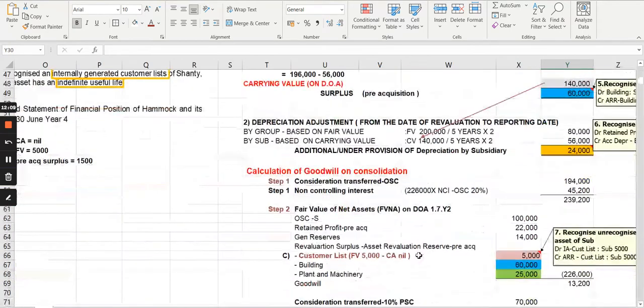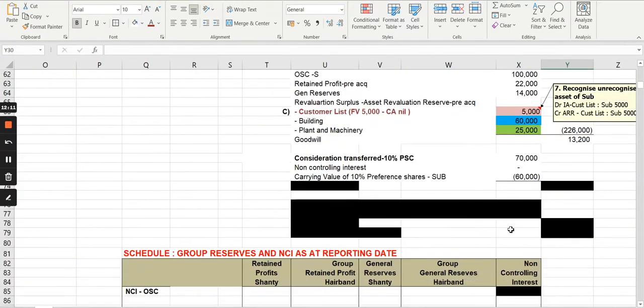Next, you get your consideration transferred plus non-controlling interest greater than the carrying value. That will give you goodwill on acquisition of preference shares. So now the total goodwill becomes 13 plus 10, 23,200.